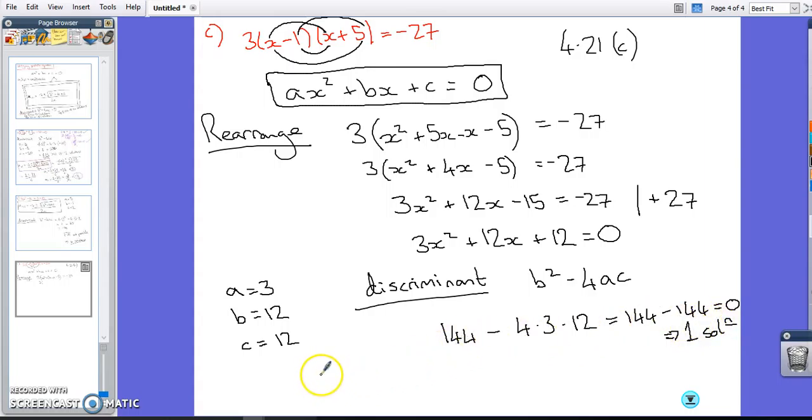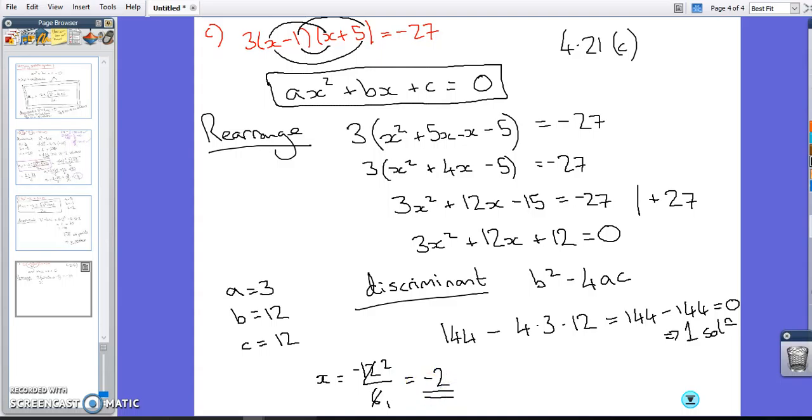So, into our formula, x, I don't need to write 1, 2 because I'm only expecting one solution, is equal to minus b, minus 12, plus or minus the square root of 0, which of course is 0, so I don't need to write that bit in, divided by 2 times a, 2 times 3, which is 6. And I can cancel, 6 goes into 6 once, and into 12 twice. So x is minus 2.